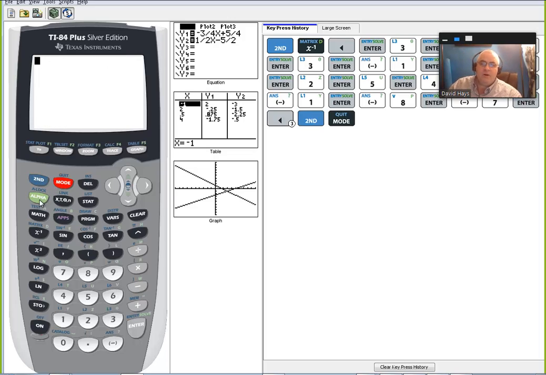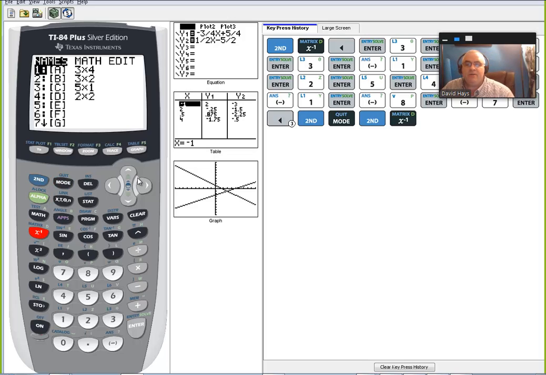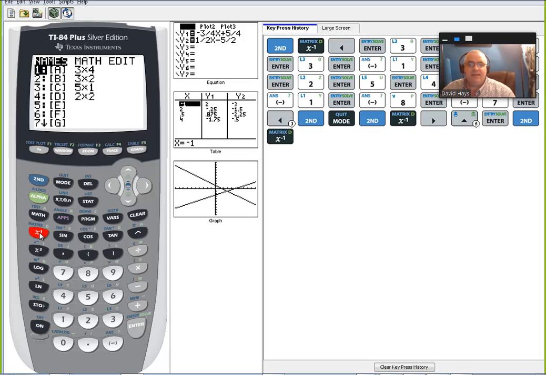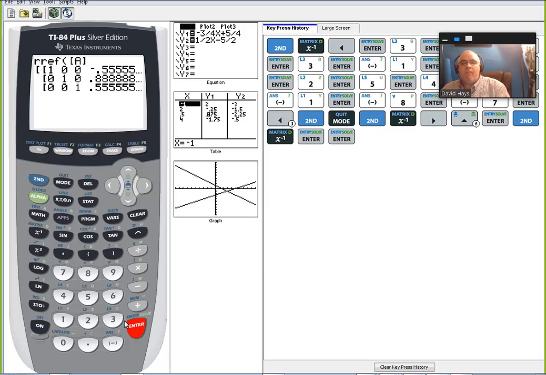And this we're going to do our RREF just like normal now. So do second, x negative 1, go to matrix menu, right arrow to math, up arrow to RREF, press enter on it, go back to my matrix menu, second x negative 1, enter on A, and enter again.